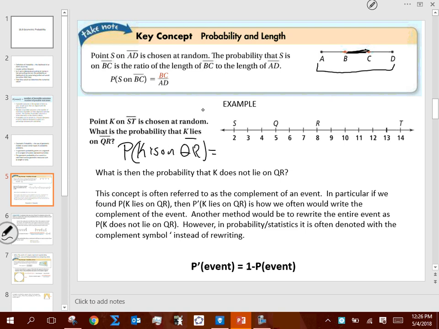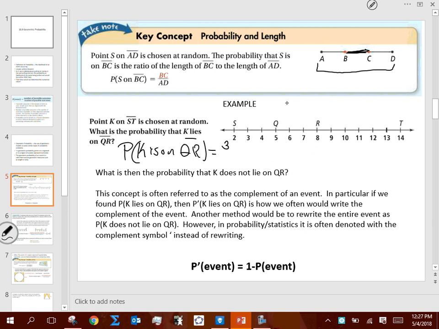Favorable outcomes would be the outcomes that are on QR. The points on QR are identified by the distance of QR, right? What's the distance of QR? 3. 1, 2, 3.